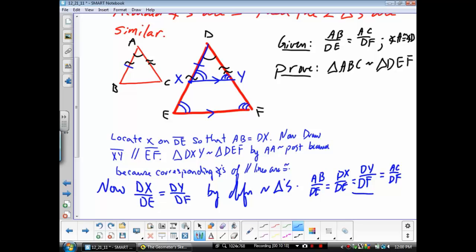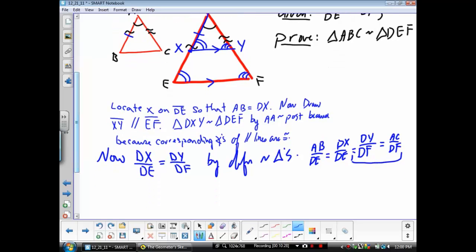From these last two pieces, you can conclude that DY equals AC. And I'll say by substitution and transitive property.